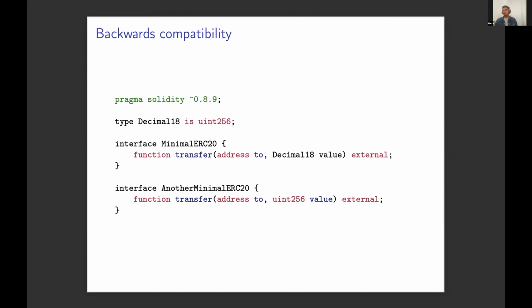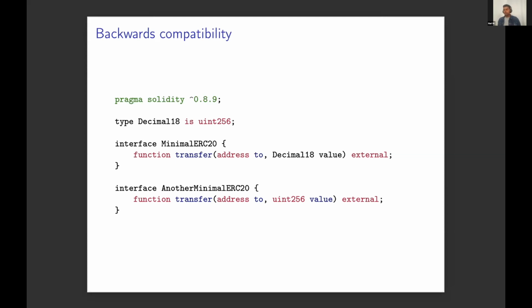For example, the ERC20 standard requires the type for the amount of tokens to be uint256. But you can define a new type with the name decimal18, which is a zero-cost abstraction over uint256. And you can replace uint256 with decimal18 wherever you think that's more appropriate, and it will be completely backwards compatible.